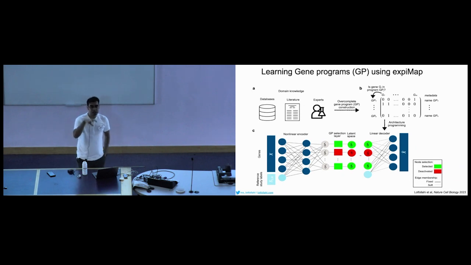So that's a selection layer, not just at the level of genes, but rather at the level of gene programs. And I'll tell you how we address the third problem, going beyond the prior knowledge.